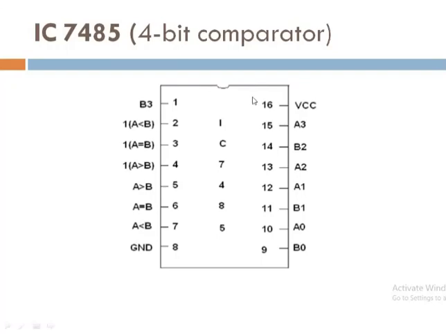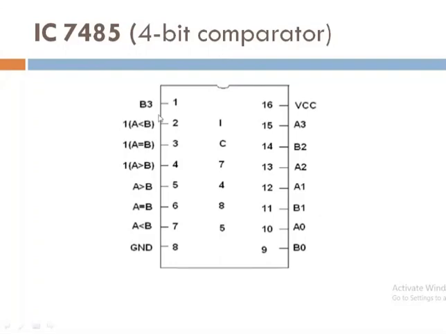If you consider the pin configuration of this IC, if you try to compare the 4 bits of A, the next thing is that you require the 4 bits of B. So your inputs are the 4 bits of A and the 4 bits of B. If you consider one pin for each bit, there are a total of 8 pins for your input combinations.